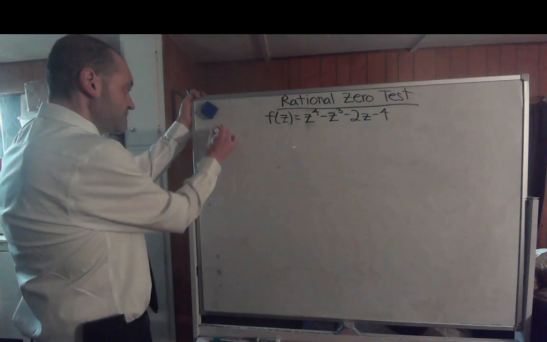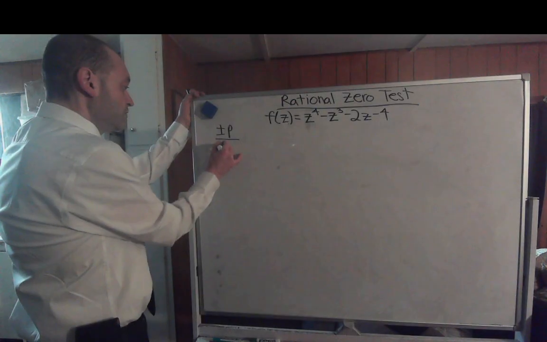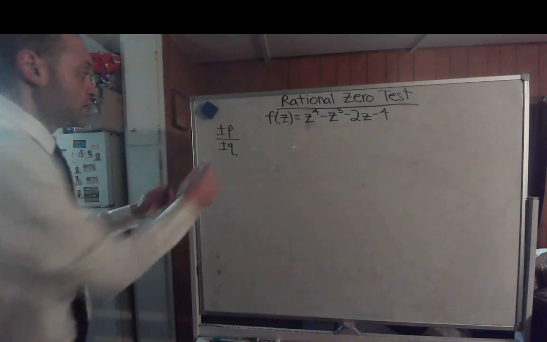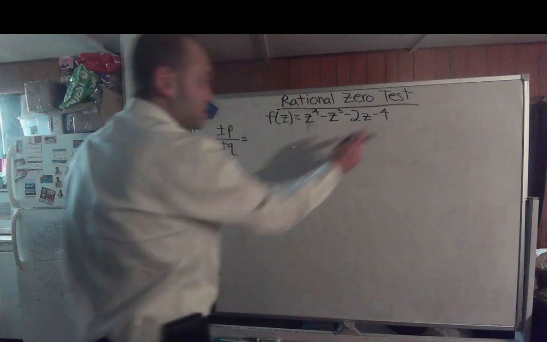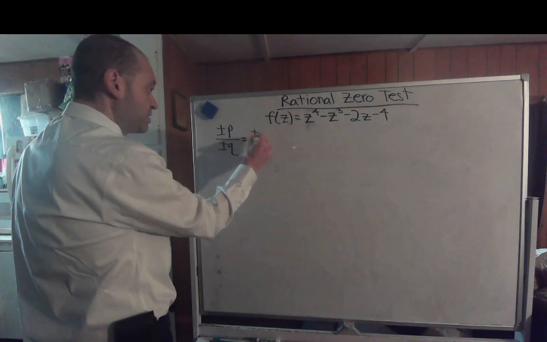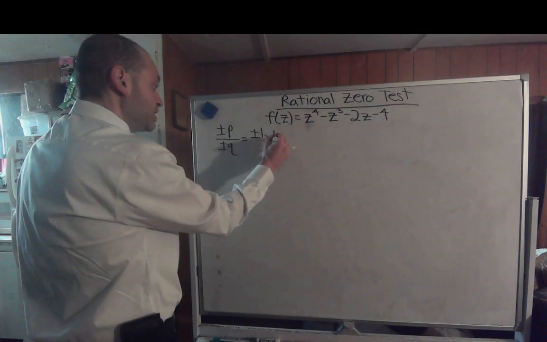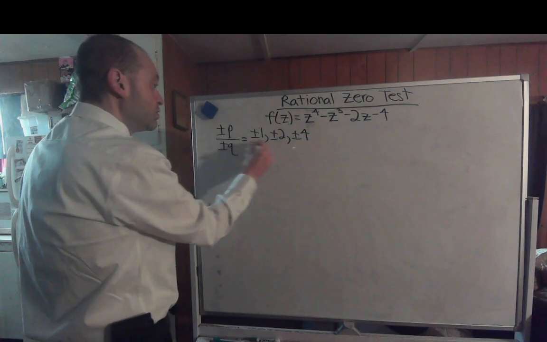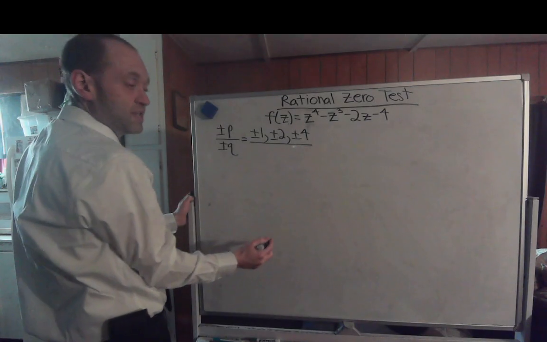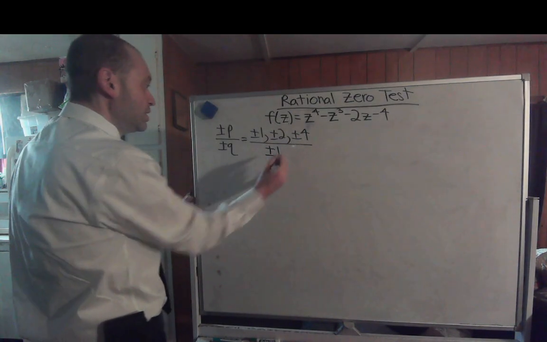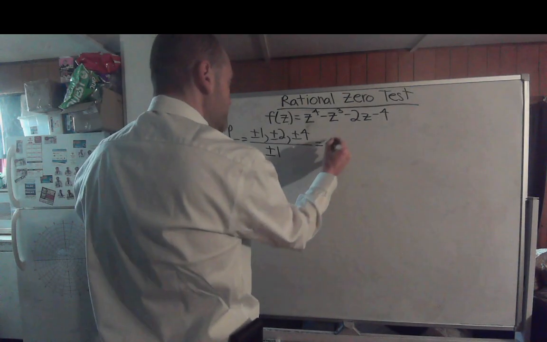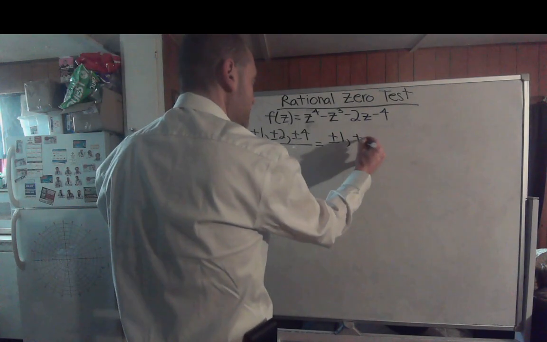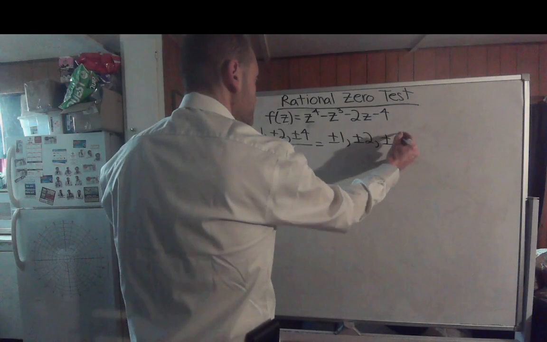So take your plus and minus p over plus and minus q. Well, your p is, again, your constant term. So factors of 4, that's going to be plus and minus 1, plus and minus 2, and then plus and minus 4. All over your q, which is your leading coefficient, in this case 1, that's just plus and minus 1. So your possible rational zeros are plus and minus 1, plus and minus 2, and then plus and minus 4.